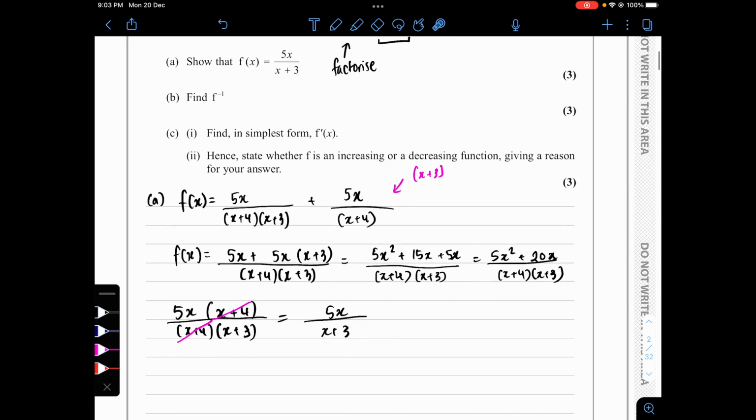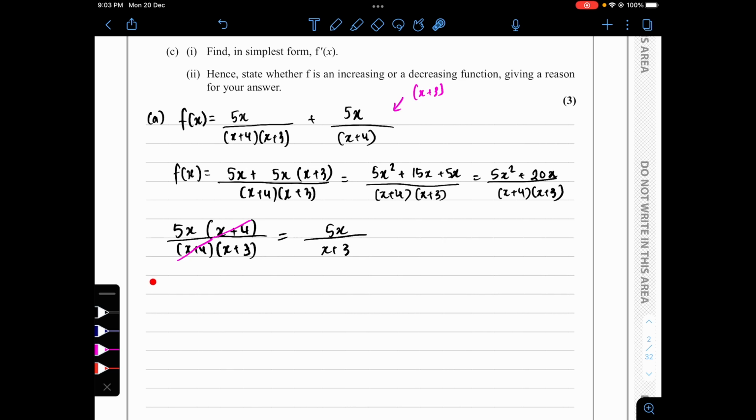So let's see. So we have part B. What I usually do is I swap the variable, so this becomes x equals 5y over y plus 3. So now we can put it on the side: x times y plus 3 equals 5y.